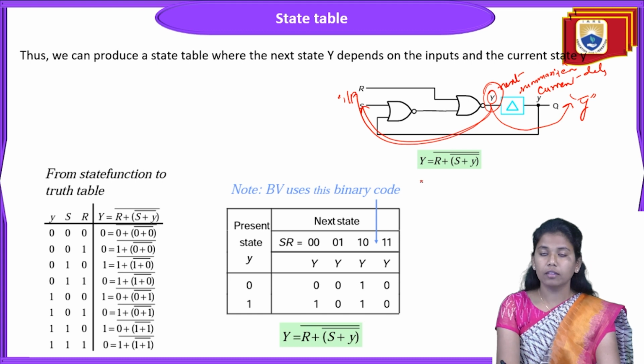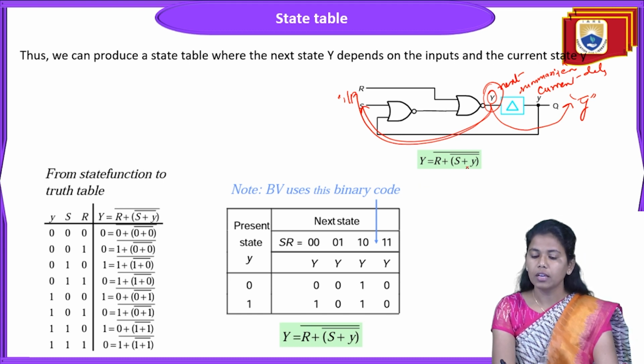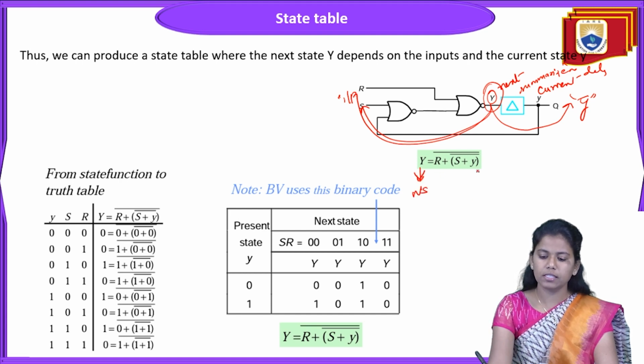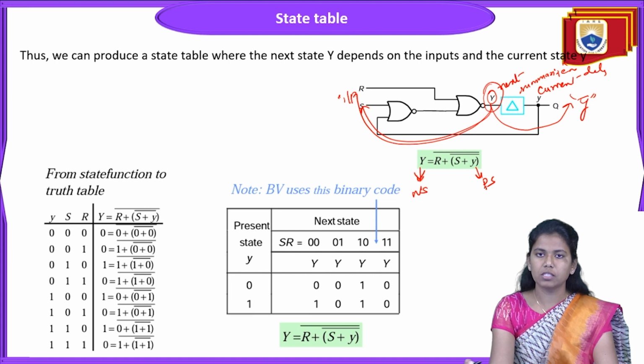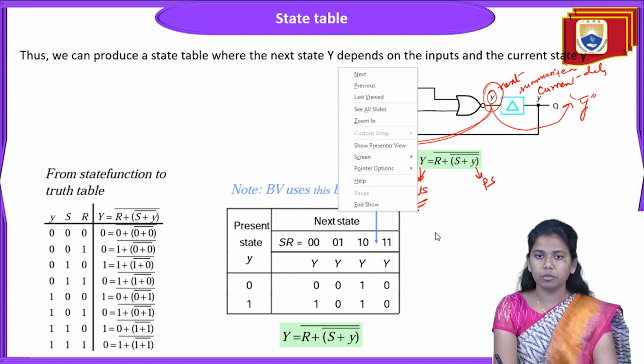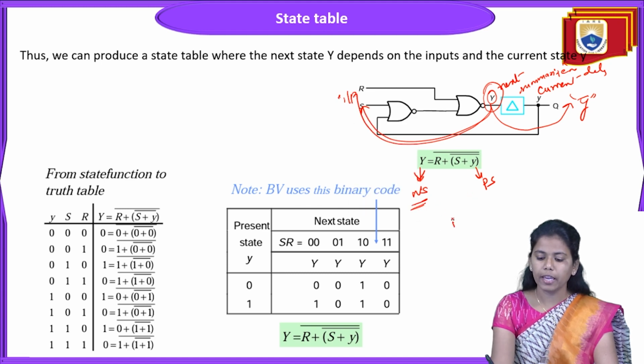This is the expression that we got for the next state. How do we get the next state? The next state depends only on the inputs and the present state.